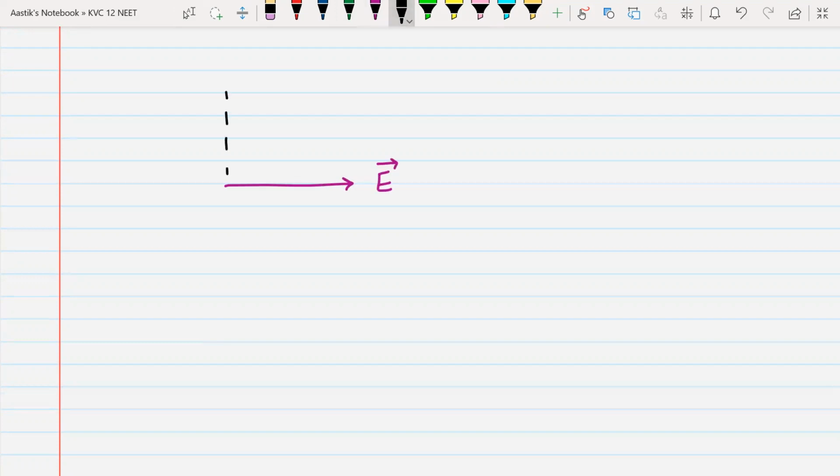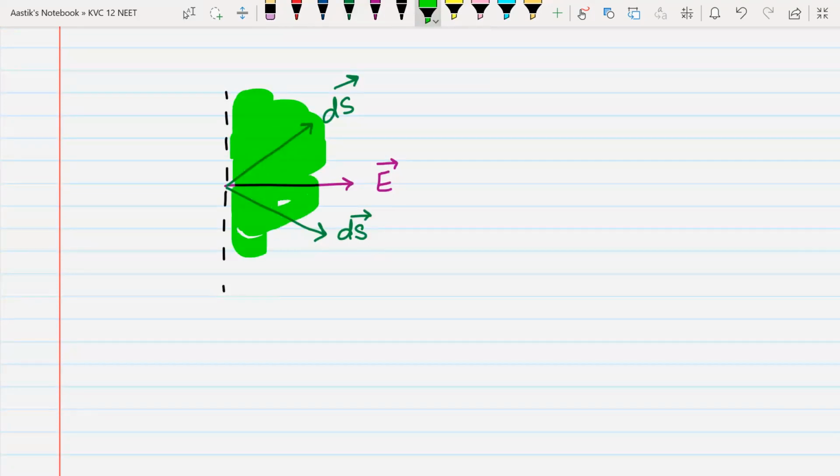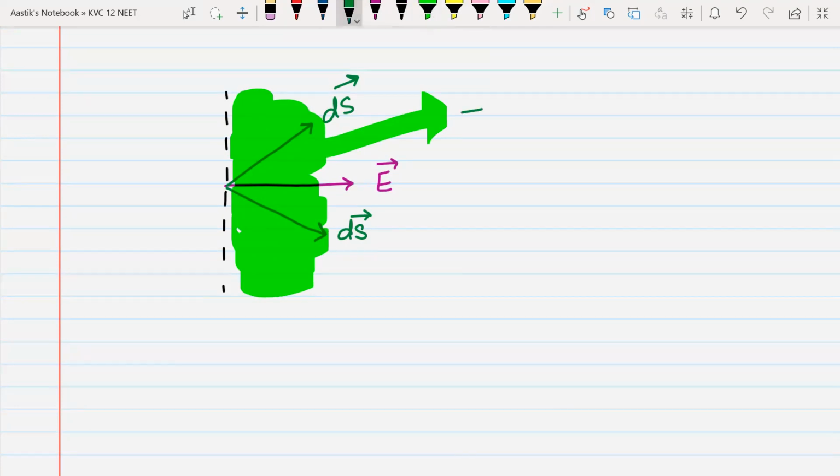Now, if your area vector ds lies in the green zone, then your flux is going to be positive.